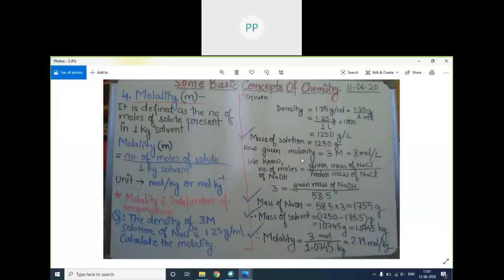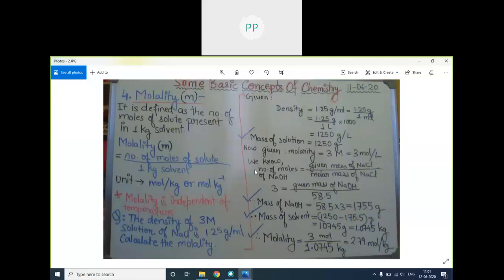So we know the formula: number of moles equals given mass divided by molar mass. Here the solute is NaCl. Sorry, you have to write NaCl here, not NaOH. Correct this. So number of moles of NaCl will be equal to given mass of NaCl divided by molar mass of NaCl.